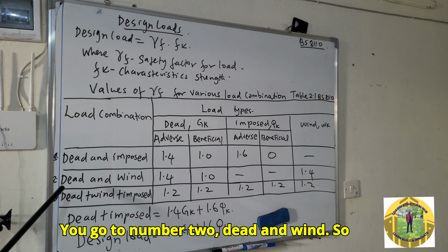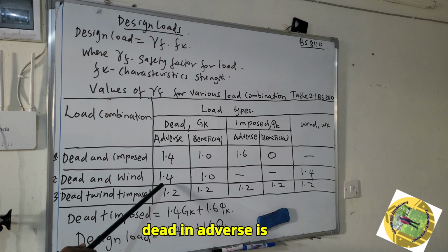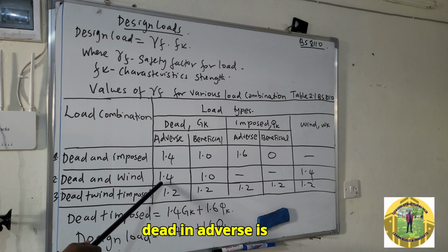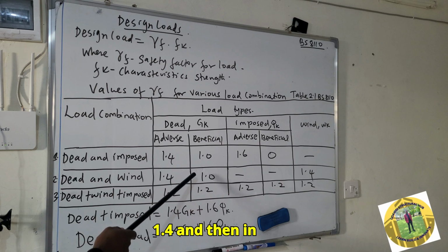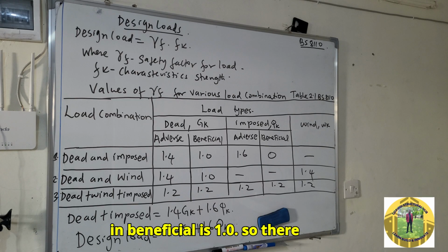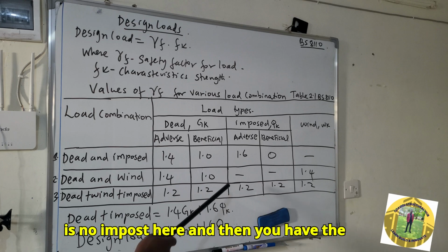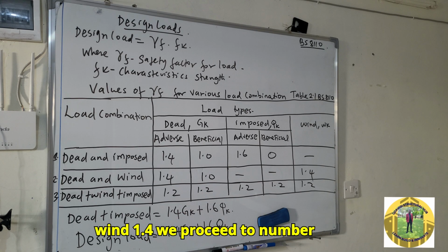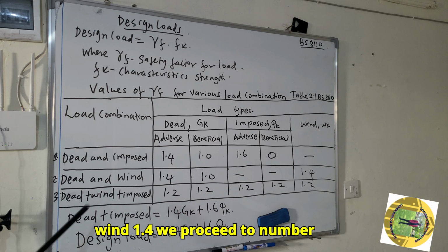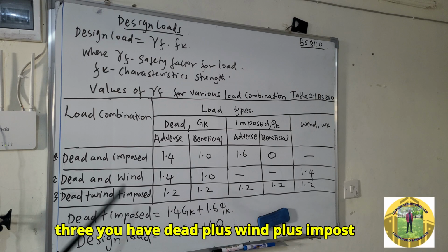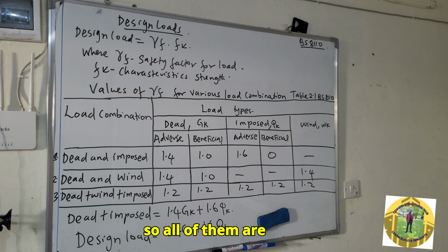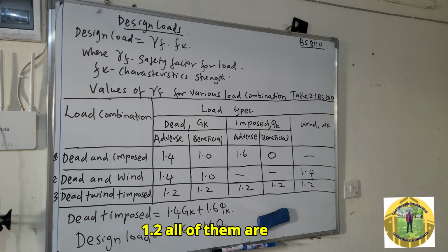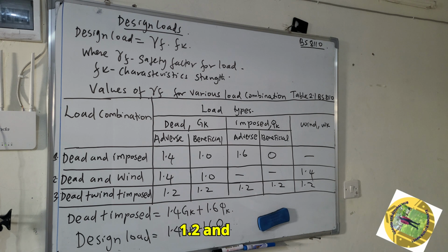You go to number two, dead and wind. So dead in adverse is 1.4, and then in beneficial is 1.0. So there is no imposed here. And then you have the wind 1.4. We proceed to number three. You have dead plus wind plus imposed. So all of them are 1.2.